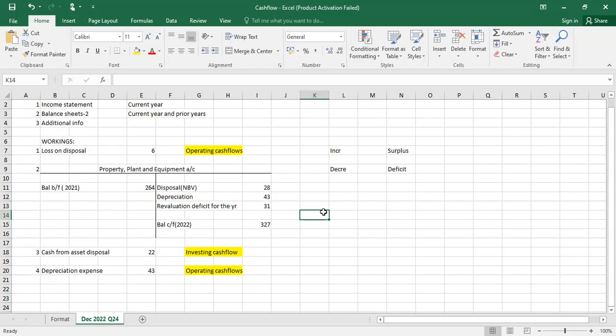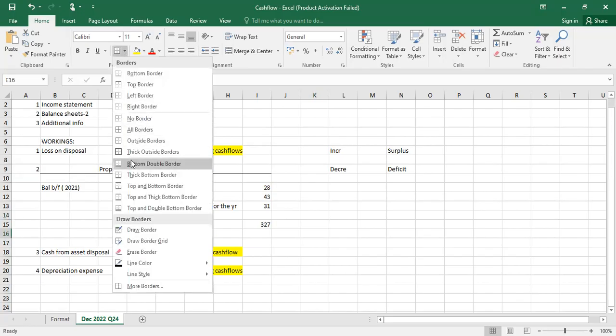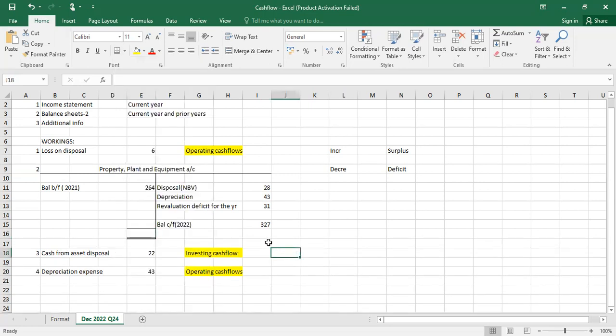With that, I want to believe that we do not have anything else that affects the PPE account. And if that is the case, then we can balance off the PPE account, yeah? Let's balance off that account in terms of finding out which of the two sides is more, and then by how much.